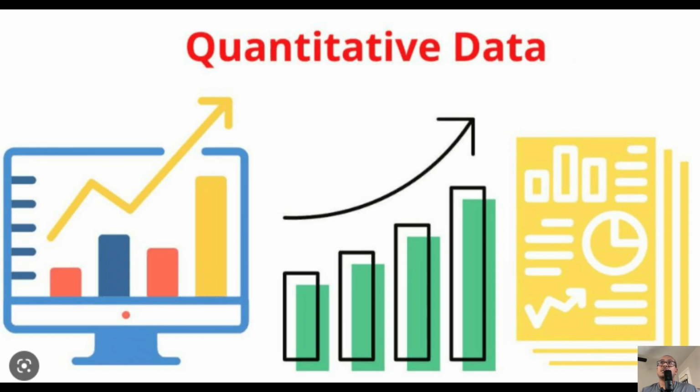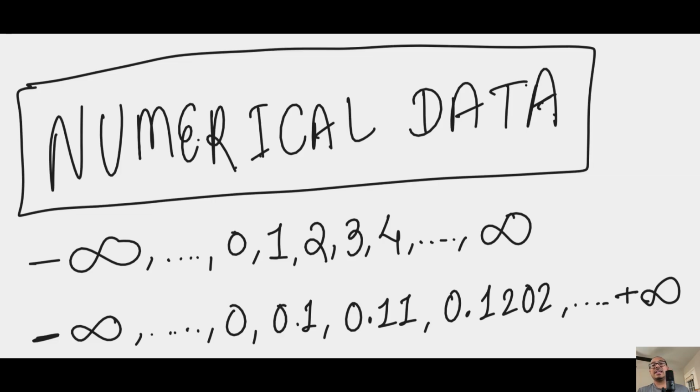That is the other type of data that is really important, and that is the most used in data science and data analytics projects. So what is basically quantitative data? Quantitative data refers to the numerical information that can be counted or measured. It's all about the quantities and the amounts.